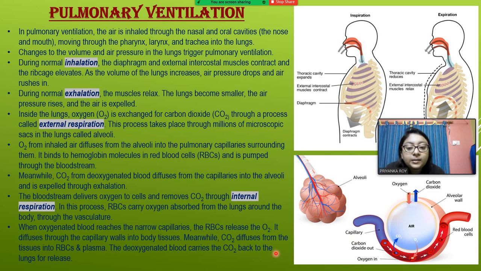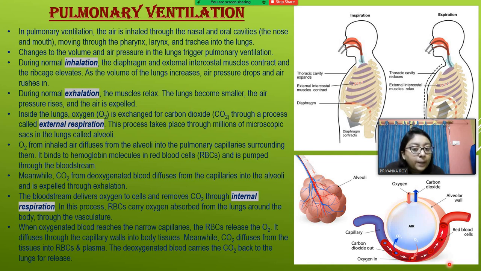Now, the O2 from the inhaled air, which this alveoli contains, is released into the capillary, and the blood takes away the oxygen, and the CO2 is released here. This CO2 from the deoxygenated blood now diffuses into the alveoli, and will be expelled during expiration or exhalation.